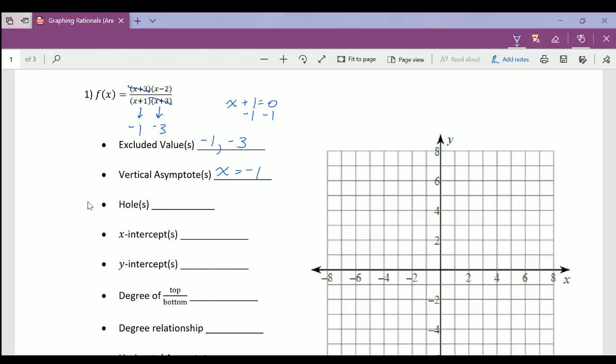The hole, which is called a removable discontinuity, is the one that is canceled out. So that's going to be an x that equals -3.